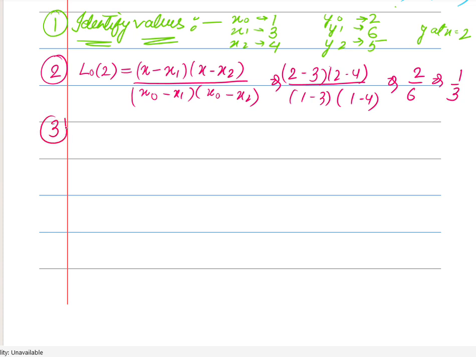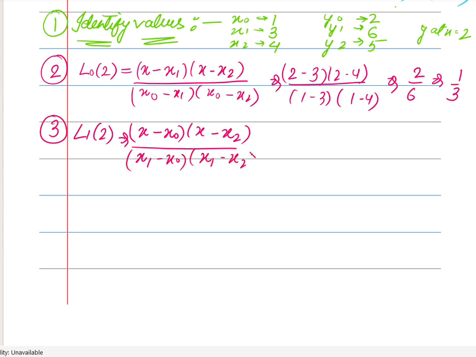Right? Okay. Talking about L1 of 2, what will you do? In the numerator, again it will be x minus x naught, and because we are talking about L1, x minus x2, and in the denominator, what will it be? x1 minus x naught and x1 minus x2, right?